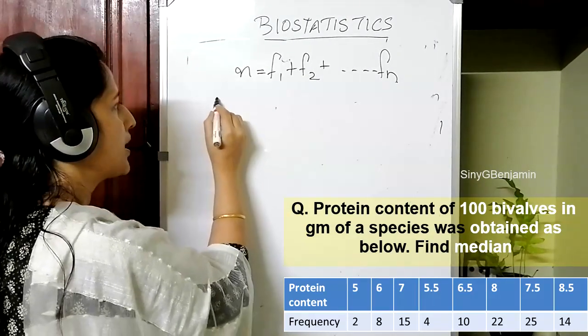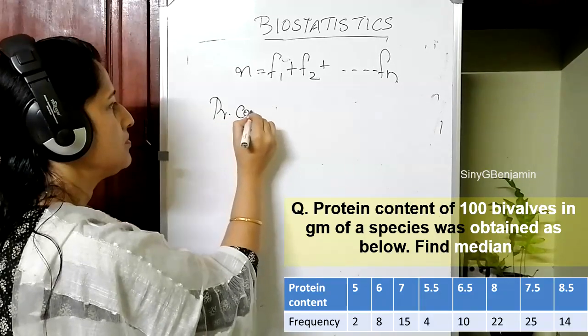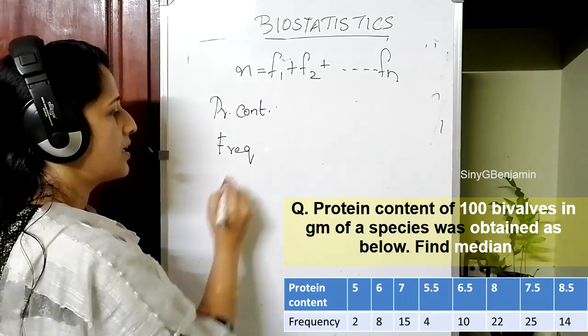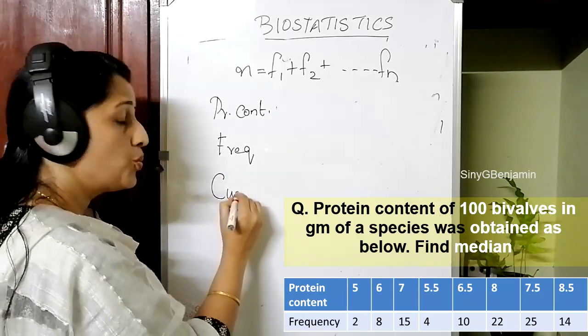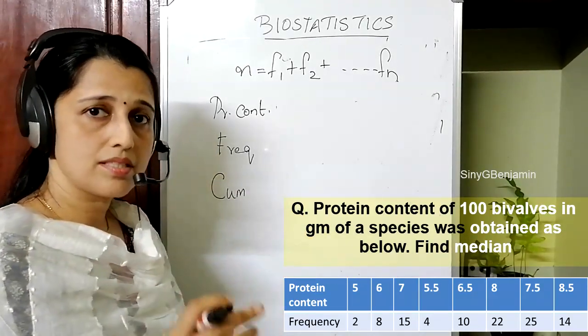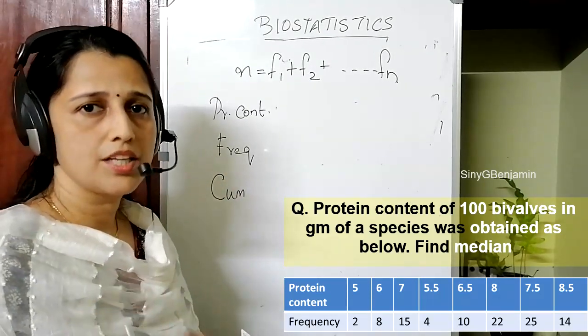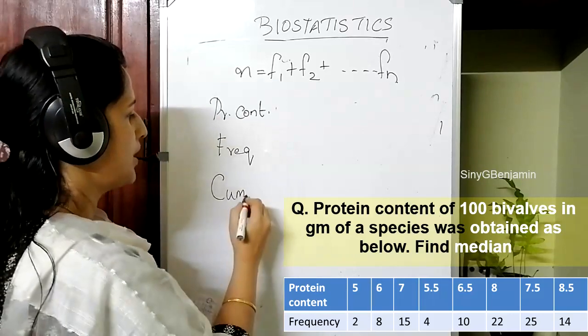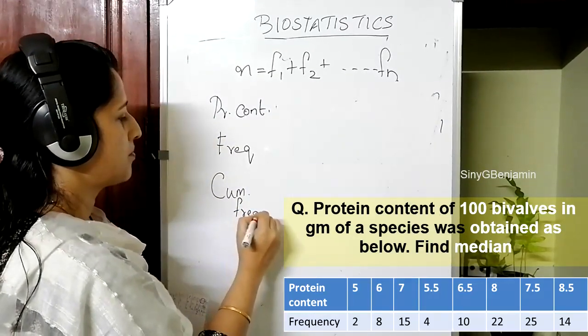First is protein content, second is frequency, third is cumulative frequency. Cumulative frequency we have discussed in the second tutorial, how to calculate the cumulative frequencies.